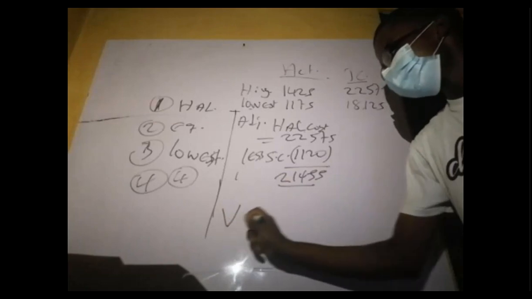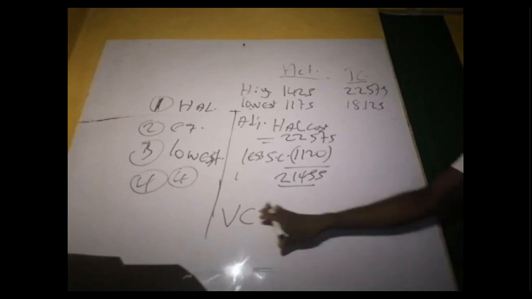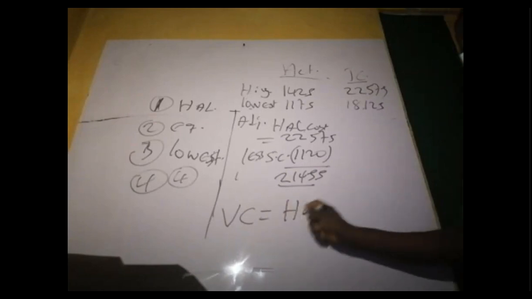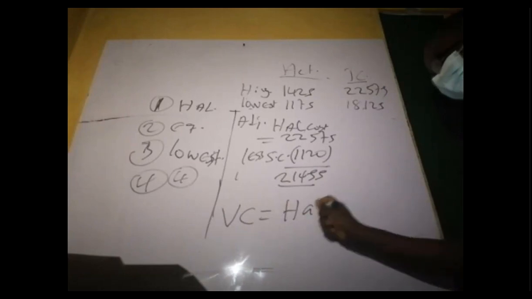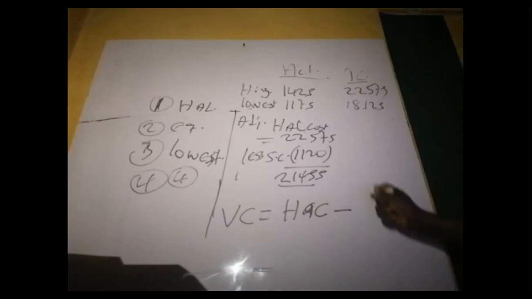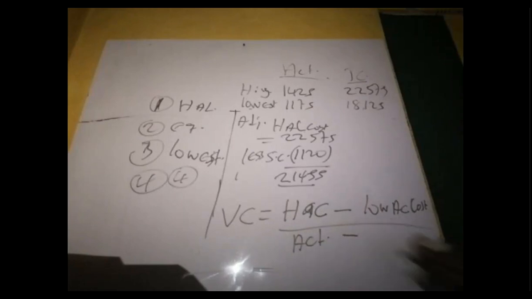Now, the variable cost per unit, or per hour, is equal to the highest activity level cost minus the lowest activity level cost, all divided by highest activity level minus what?